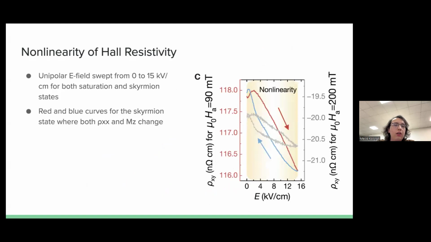Now we are done with the nonlinearity of the magnetization. Now we will review the nonlinearity of the Hall resistivity, the other component in our equation.